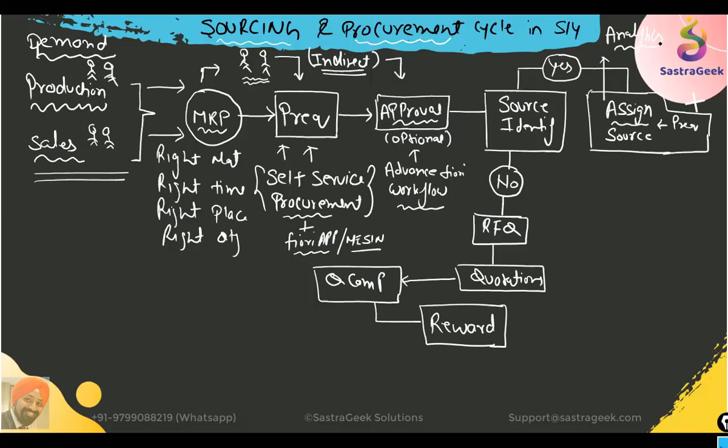What are the vendor scores from previous performance? What are the price comparisons? You can see that in the analytics, and it will help you make a decision on which vendor you need to select and assign. Again, this functionality is only available in SAP S4HANA sourcing and procurement, not in ECC MM.